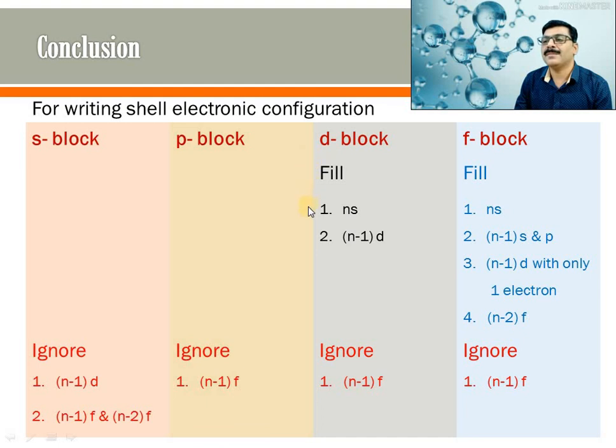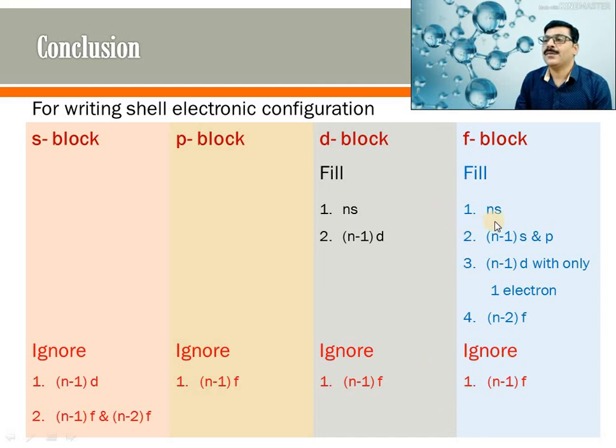And then for a D block element, first fill up and then ignore. For filling the orbitals, there are two things. First is to fill up ns and then n-1 d, and ignore the n-1 f orbital. And for an f block element, there are a total of 5 things: 4 for filling of orbitals and 1 for ignorance.